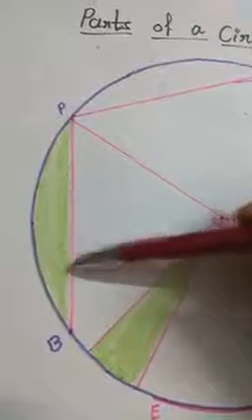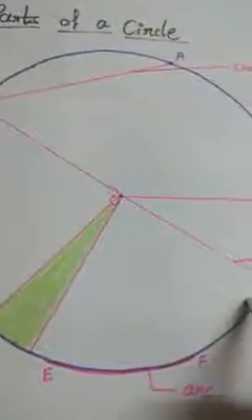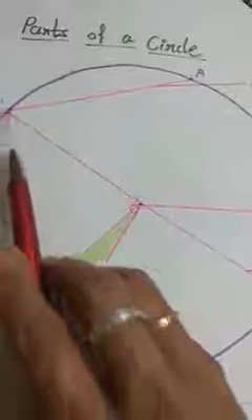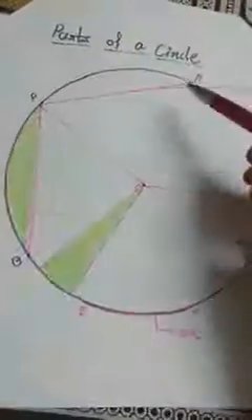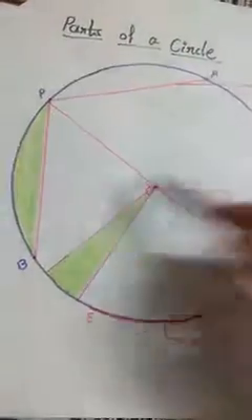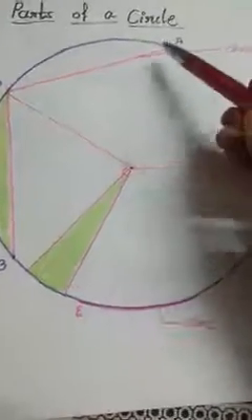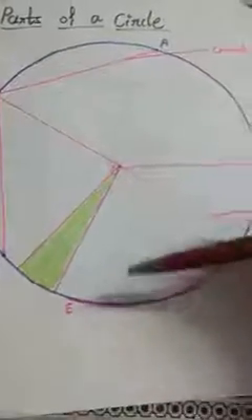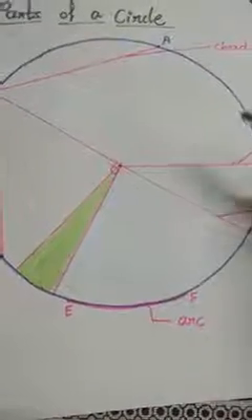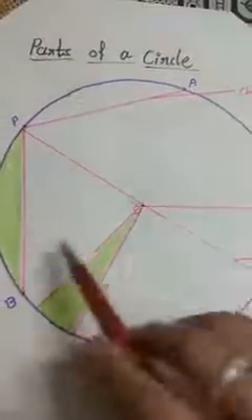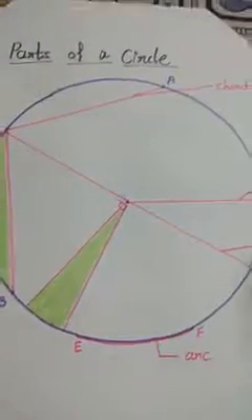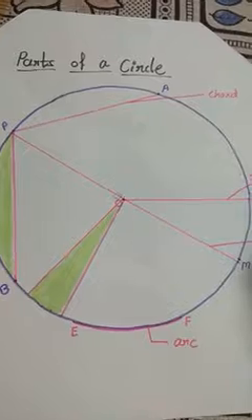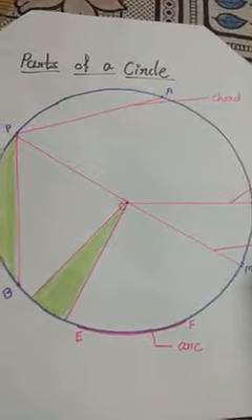Okay. Then a diameter divides a circle into two semicircles. Any diameter you can draw divides the circle into two halves. Semi means half. Half circle is semicircle. Okay, these are the parts of a circle.